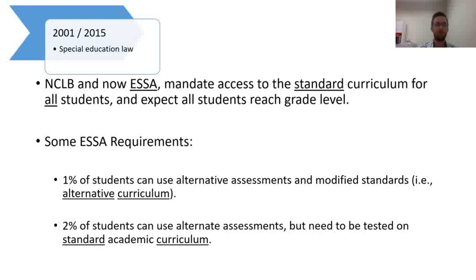So that means 97% of students need to take standard assessments and standard academic curriculum and then reach grade level. But there's 3% of students for which there's exceptions.